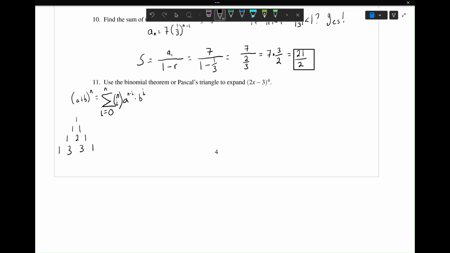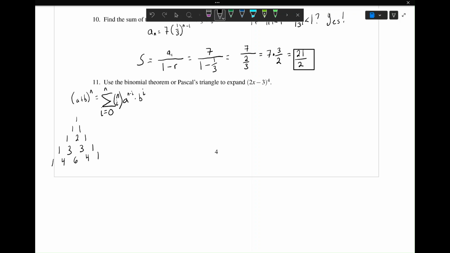I know it's ones on the outside. And then the second entry is always whatever the next number is. And I add the 2 entries above to get the one below. So I got that 6 in the middle because 3 plus 3 is 6. I got that 4, 1 by noticing the pattern 2, 3, 4, and also because 1 plus 3 is 4.